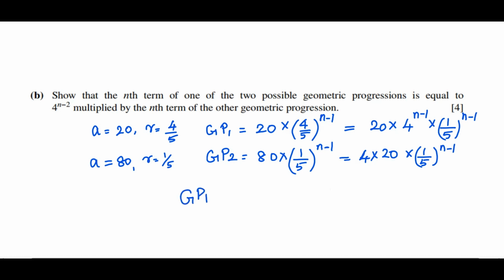Geometric progression 1 is equal to 20. I will just rearrange this so that it's easy to substitute. 4 power n minus 1 multiplied by 20 multiplied by 1 over 5, the whole power n minus 1.